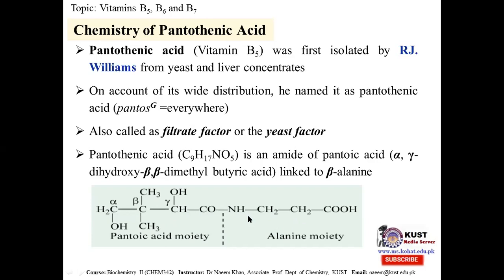So the two components, pantoic acid and the alanine component, are linked by a peptide linkage, just like the bond we see in proteins. This structure can be traced in the Fundamentals of Biochemistry book by GL Jain.